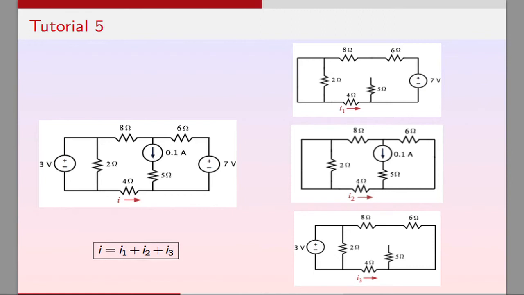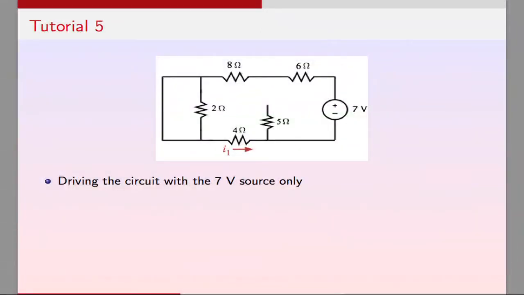Okay, let's now apply superposition to solve for the current in our circuit. First, we drive the circuit with a 7-volt voltage source and deactivate the other two sources. We have labeled the current through the 4 ohm resistor as I1 as shown.